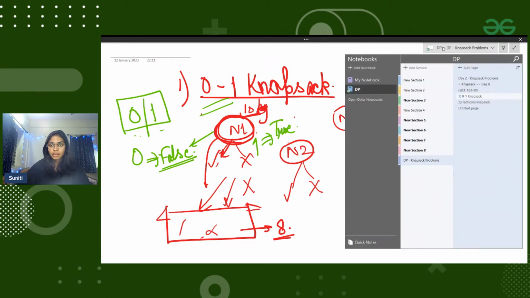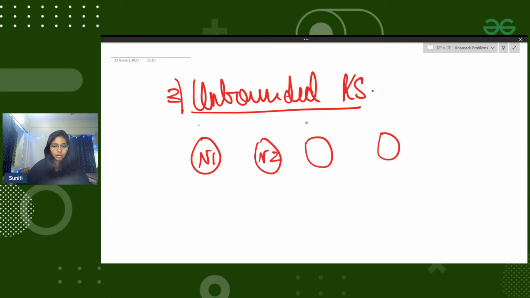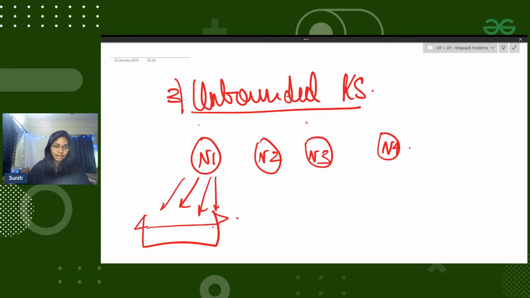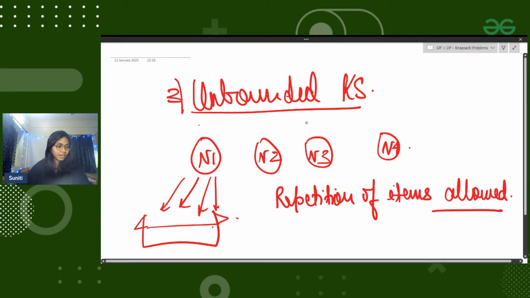But in unbounded knapsack, suppose we have 4 items, N1, N2, N3, N4. Suppose you have added N1, but if the situation demands, you can add N1 again and again. That is, repetition of items is allowed.